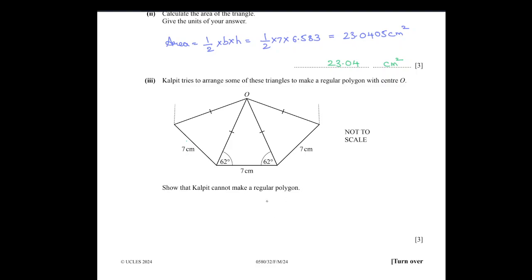To get the number of sides for any given angle of a regular polygon, we need to do 360 divided by 180 minus 2 into the given interior angle.